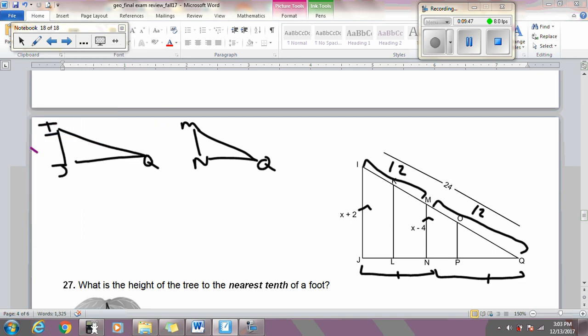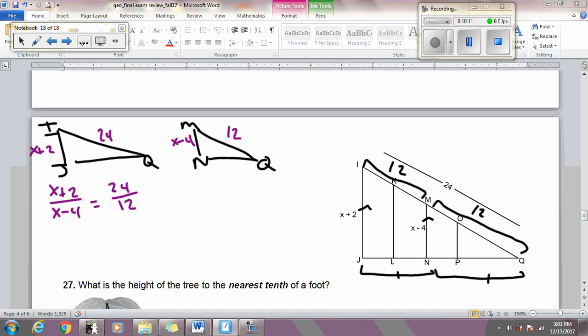So IJ is x plus 2. IQ is 24. MN is x minus 4. MQ is 12. So now you can see the corresponding parts. So x plus 2 corresponds with x minus 4, and set it equal to 24 over 12.